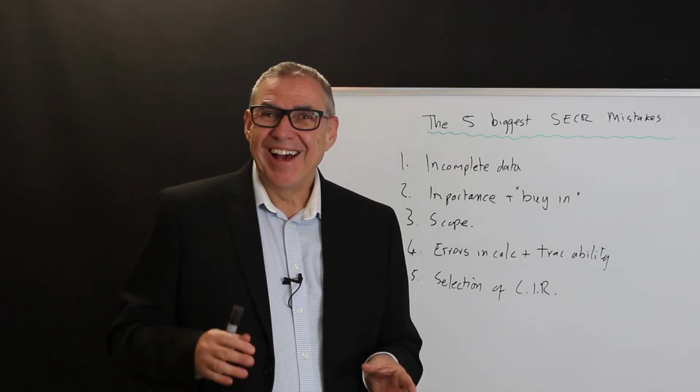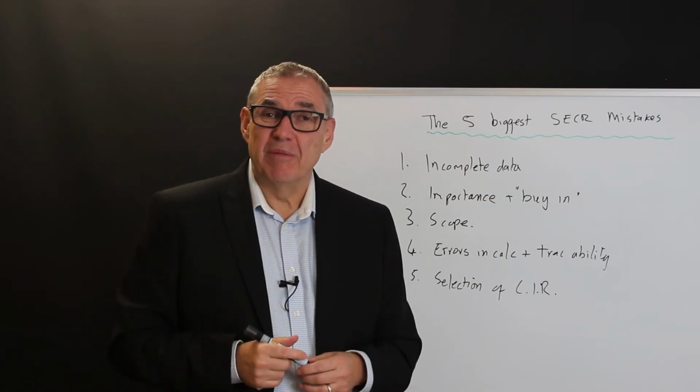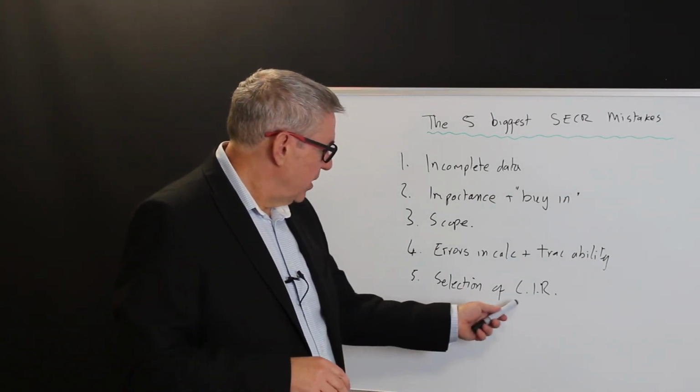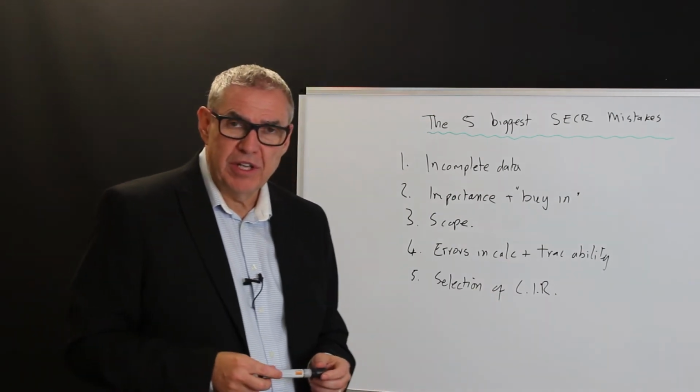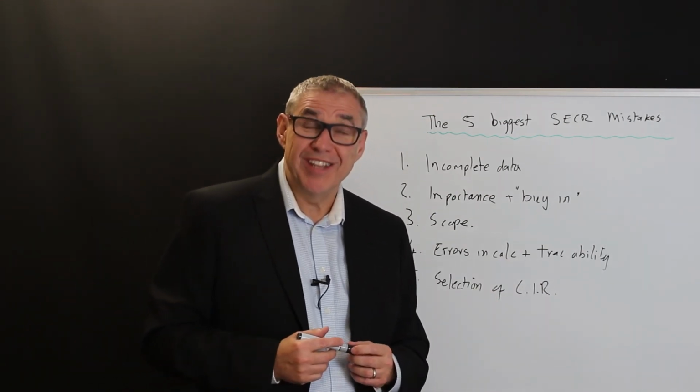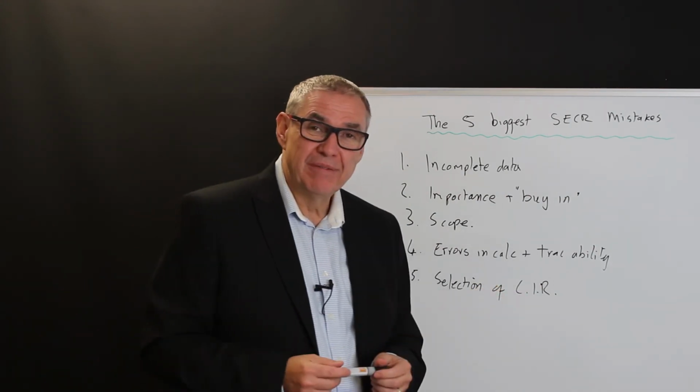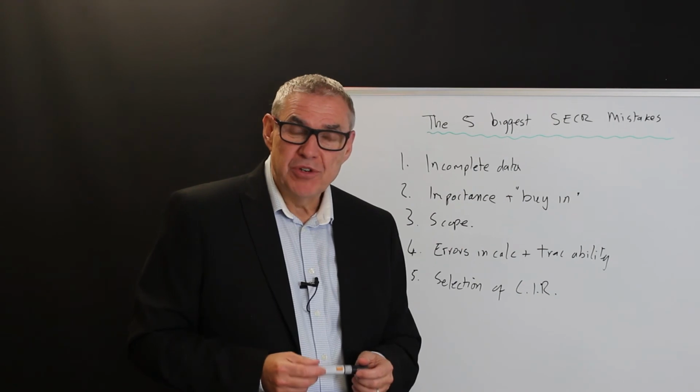Something nice and easy, and it takes the growth of the company into consideration. But if it's not easy, choosing the right carbon intensity ratio or energy intensity ratio is a bit of an art. So again, people trip up over that.